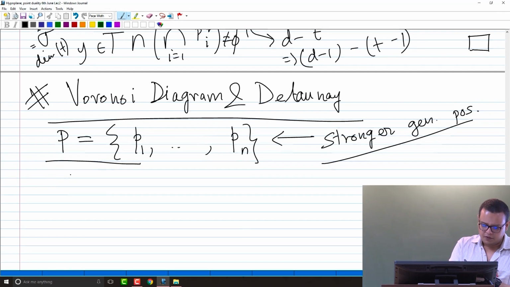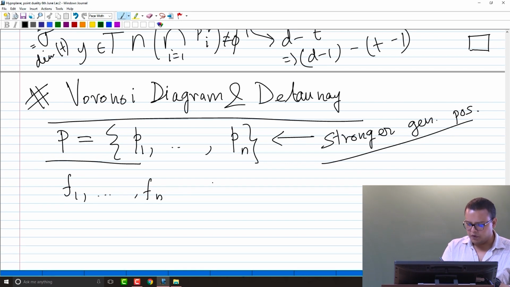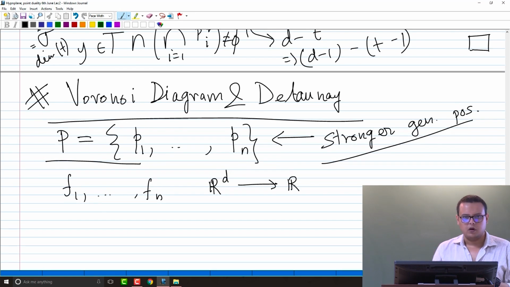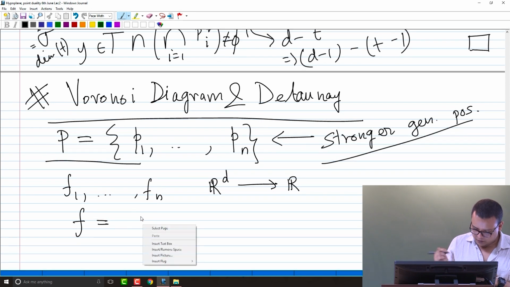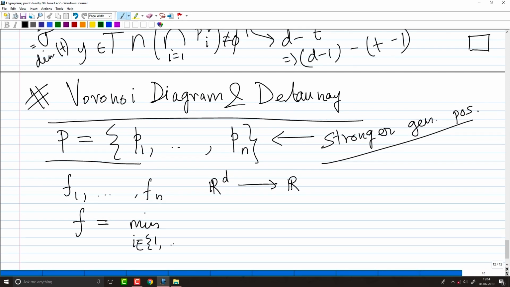So, let us say you have a family of functions f1 to fn, all continuous functions from R^d to R. Let us define f to be the minimum over all i belonging to 1 to n of fi of x.